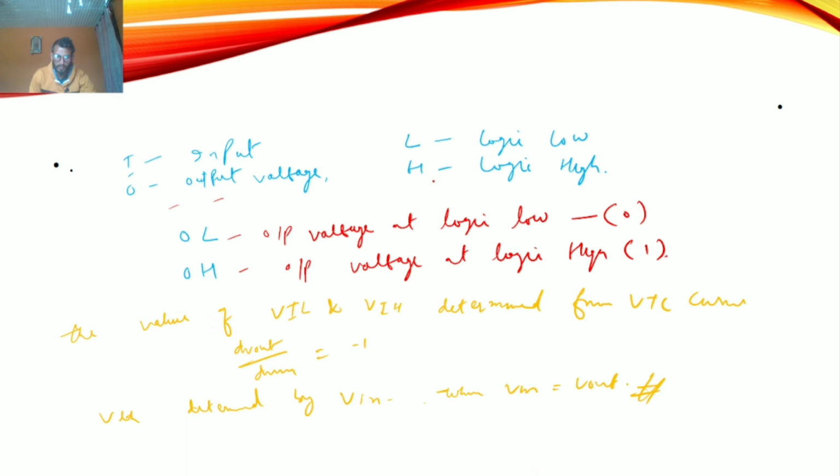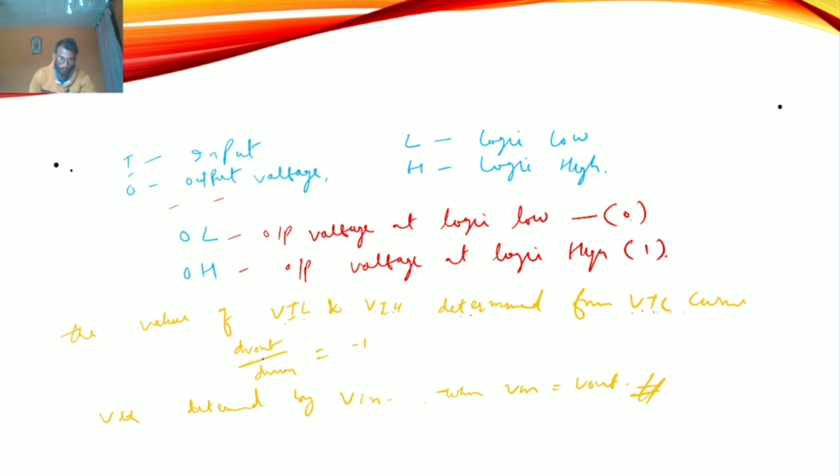The values of the input voltage at lower logic, VIL, and at higher logic, VIH, are determined from the VTC curve. At the point VOH in the graph, the value of dVout upon dVin, output voltage upon input voltage, is equal to -1, and the threshold voltage VTH is determined when the input voltage is equal to the output voltage.